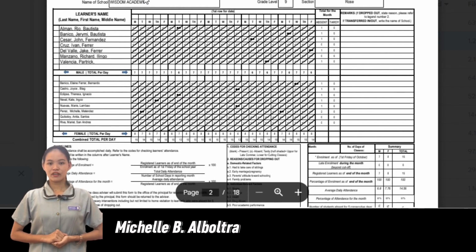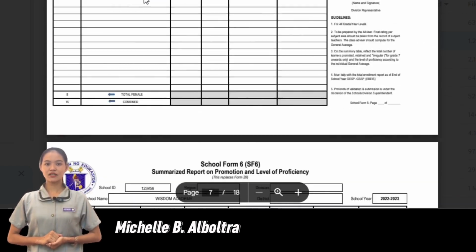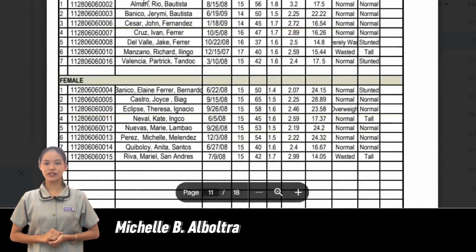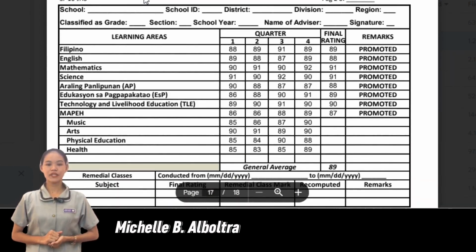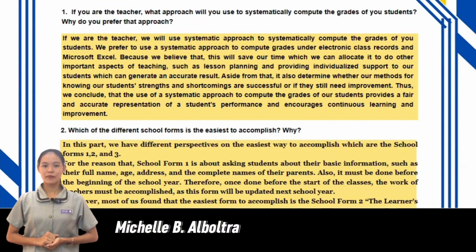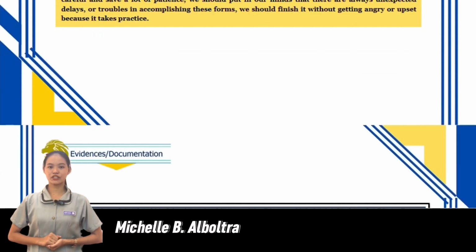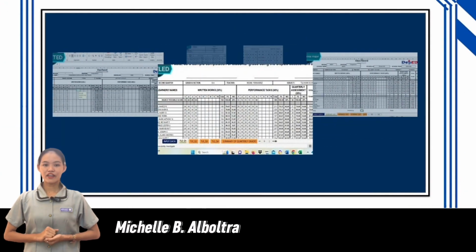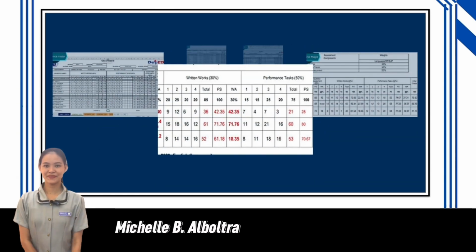This form records the final grades of the students, and the last form is the learner's permanent academic record. This is where we can access the grades of every student and every grade level. Accomplishing Activity 6 makes us understand and appreciate the teaching profession, and being a teacher is really not an easy job. They are not only teaching the lessons but also doing a lot of paperwork.